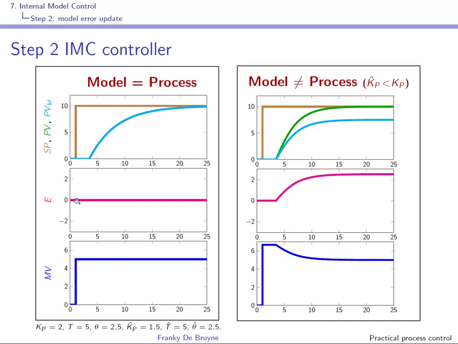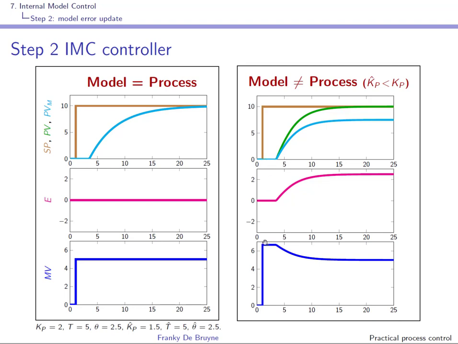And since there is no model error and no perturbation, this delta MV will ensure that PV will go to set point. In this second case, the model that is used is correct except for the gain, as you can see. And as we think that the gain is smaller, this static optimization is going to lead to 10 divided by 1.5, right? So the MV kick here will be higher.